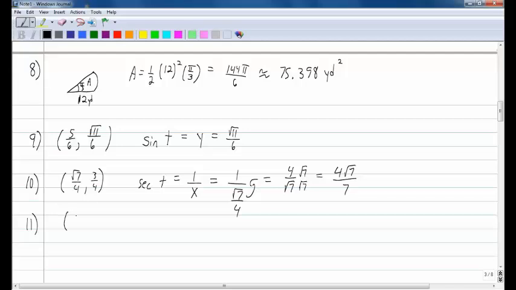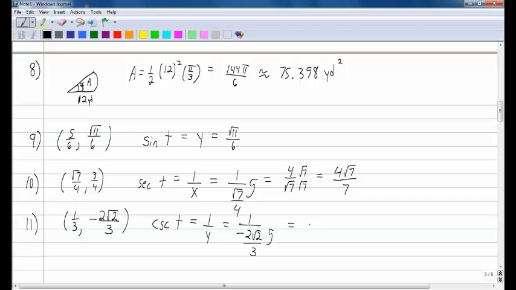Number 11, the point is 1/3 and negative 2 square roots of 2 over 3. Alright, so to find the cosecant of t, that's 1 divided by y. So that's 1 over negative 2 square roots of 2 over 3.